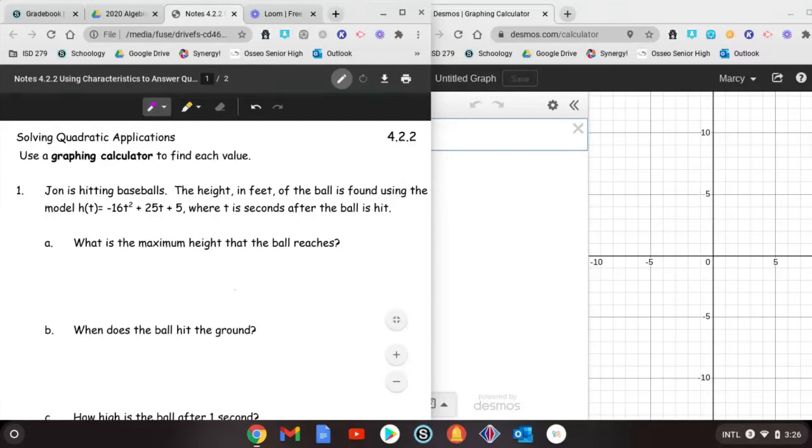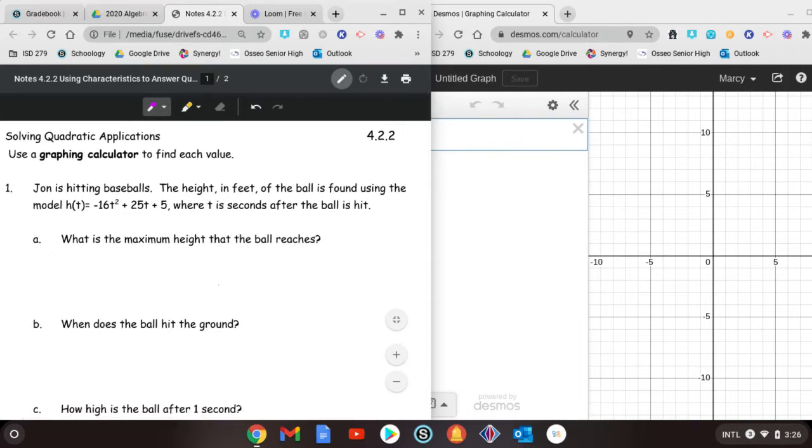Level 2 problem that you might come across. It's not going to be an area model where you do length times width or anything like that, but a word problem like this. John is hitting baseballs. The height in feet of the ball is found using this model.